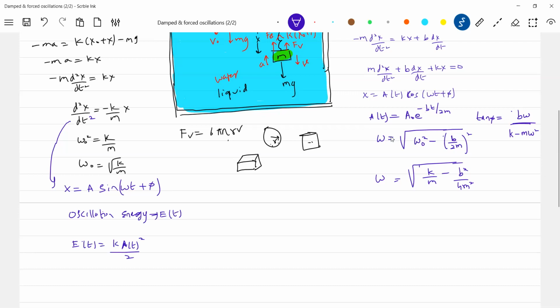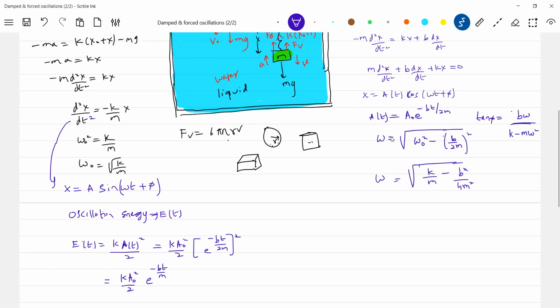Like in SHM, we used to write K A square by 2. So I'll square that quantity: A naught square by 2, e to power of minus bt by m. After solving, K A naught square by 2 e to power of minus bt by m. This is the expression for the energy.